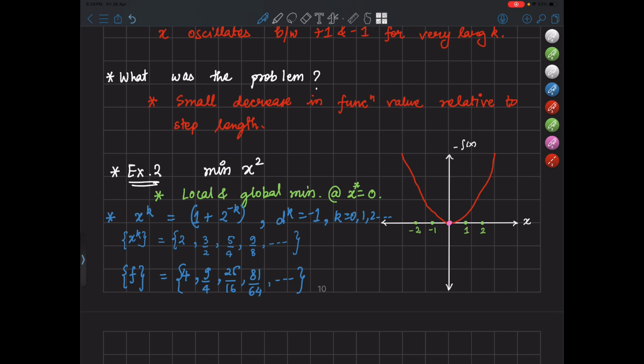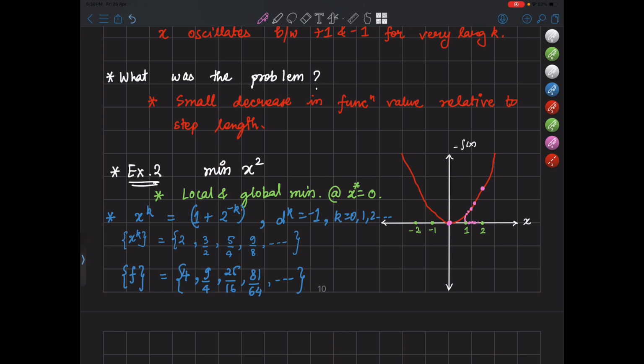So here again we can see that the value of f is decreasing, but what will happen is we start from 2, then we come to 3 by 2, then 5 by 4, and so on, and you can see that this sequence will converge to 1. x will never go below 1.